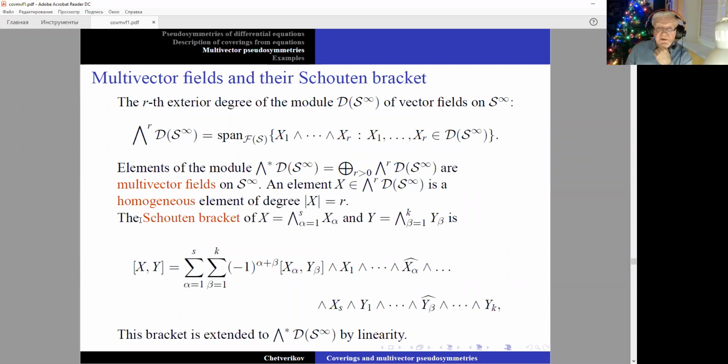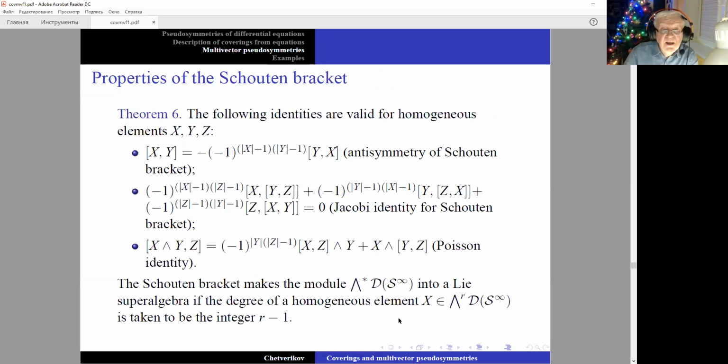This is the definition of the well-known Schouten bracket of two multivector fields. And the next slide is properties of the Schouten bracket.